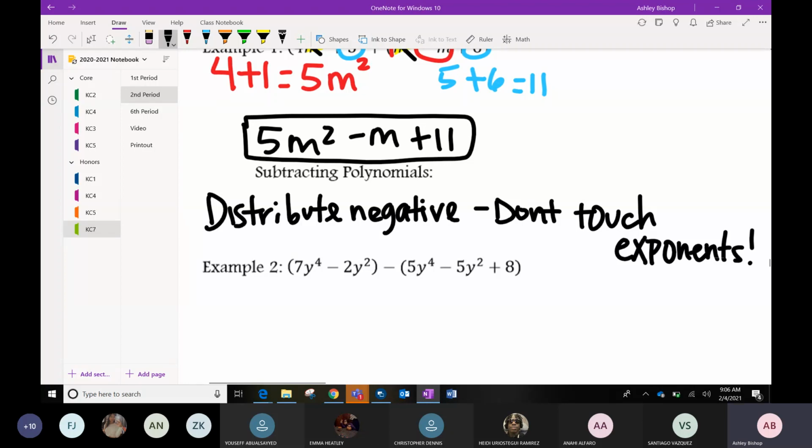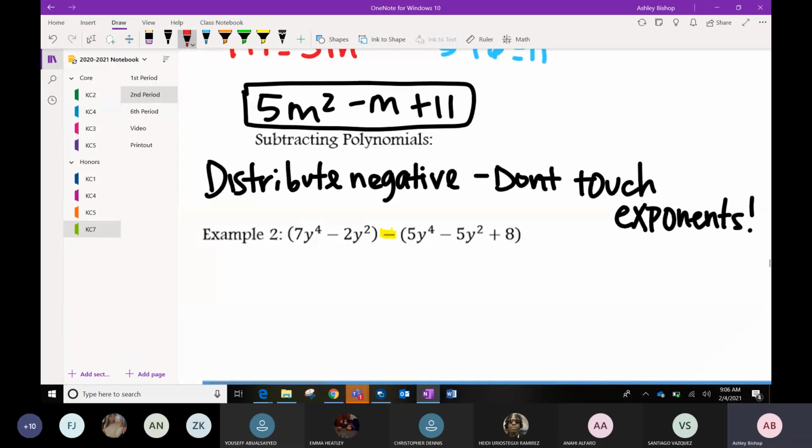So I am taking 7y to the 4th power minus 2y squared minus 5y to the 4th power minus 5y squared plus 8. This is subtraction, but we're going to call this a negative. So I'm going to distribute the negative to everything that comes after it.